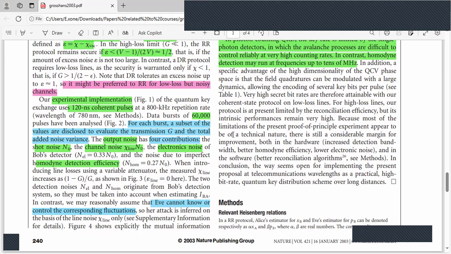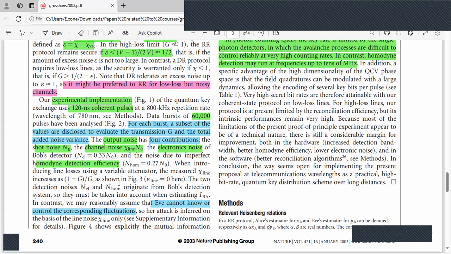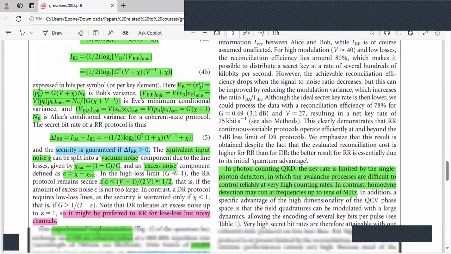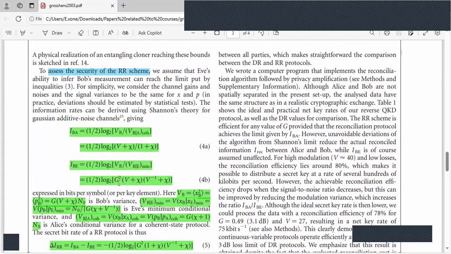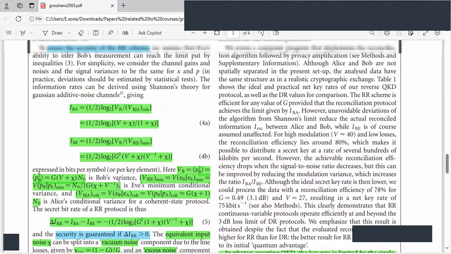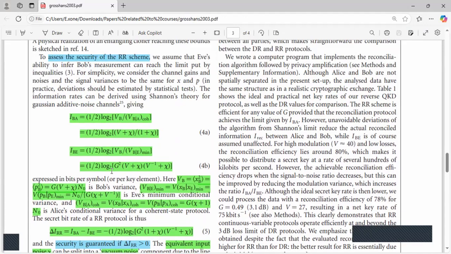To do the security analysis, they made use of some parameters related to the efficiency of homodyne detection, its electronic noise and some intrinsic noise of the homodyne detector. This is the whole process, and they have given in this paragraph some parameters that they have used.